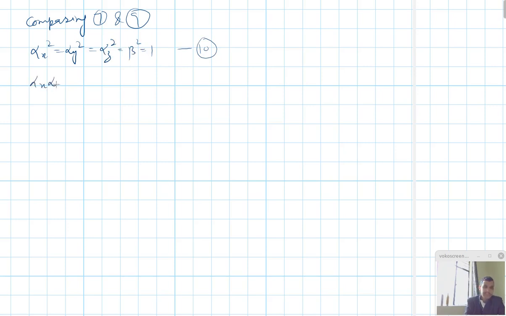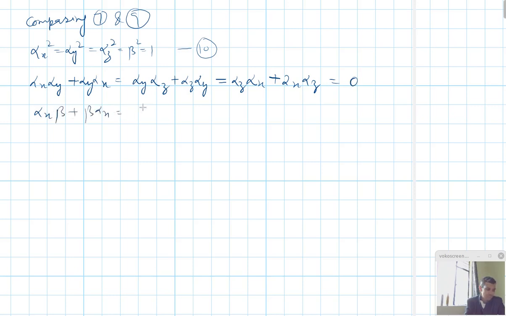And alpha x alpha y plus alpha y alpha x is equal to alpha y alpha z plus alpha z alpha y, which is equal to alpha z alpha x plus alpha x alpha z, and it is equal to 0, and alpha x beta plus beta alpha x is equal to alpha y beta plus beta alpha y, which is equal to alpha z beta plus beta alpha z, and it is equal to 0.